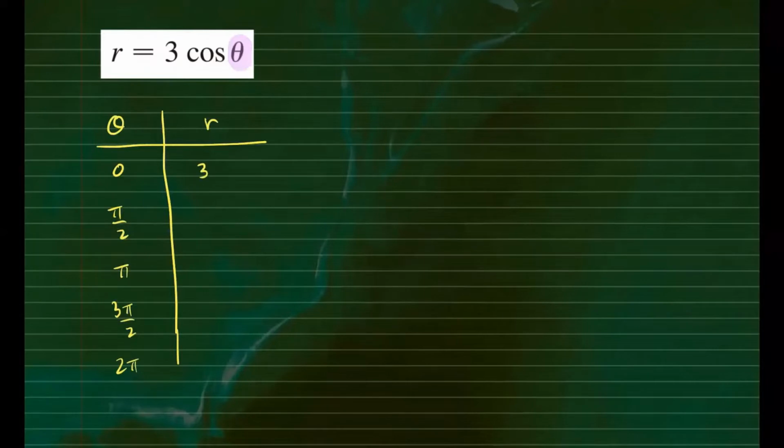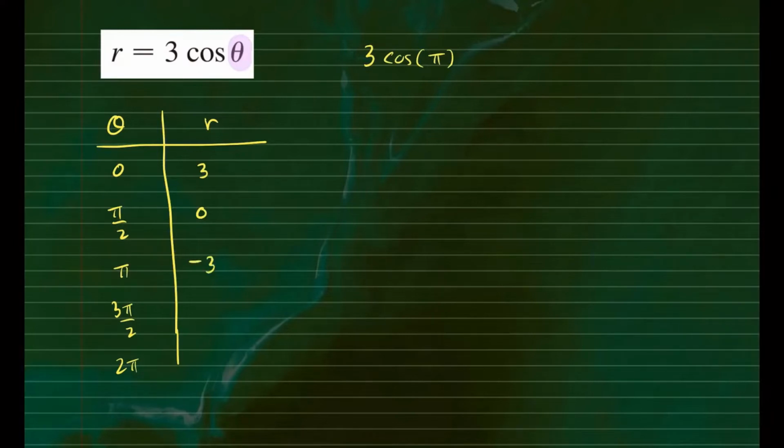When theta is pi over 2, we have 3 times cosine of pi over 2. That's going to be 0. So you'll have 0. And then when theta is pi, you have cosine of pi. So this is 3 times cosine of pi. Cosine of pi is negative 1. So this would be a negative 3.